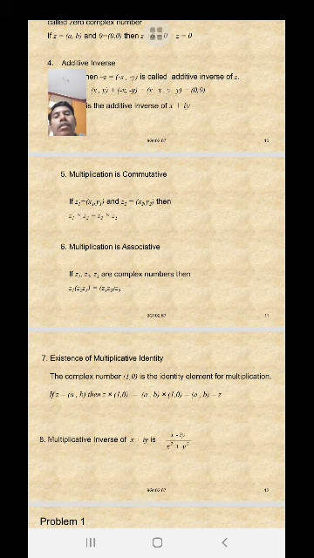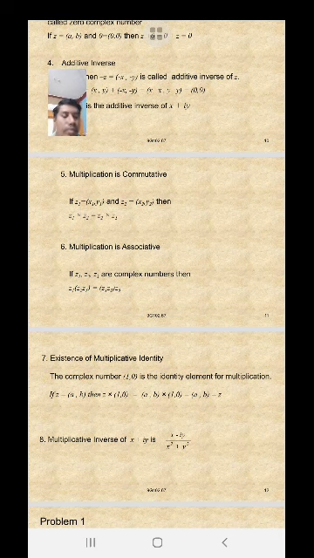That means Z1 times (Z2 Z3) equals (Z1 Z2) times Z3. See, the brackets have changed their positions.